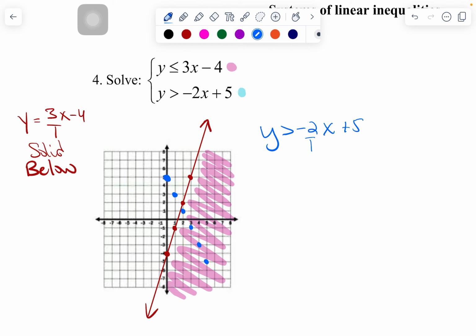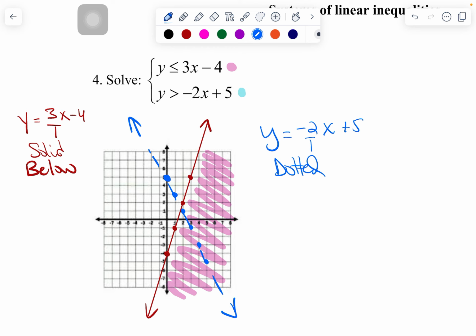Okay. So for this, I just realized I wrote the boundary line with an inequality. It's fine. Okay, so then for this inequality, we're going to have a dotted or dashed boundary line. So when I go to play connect the dots, I want to use dotted lines.